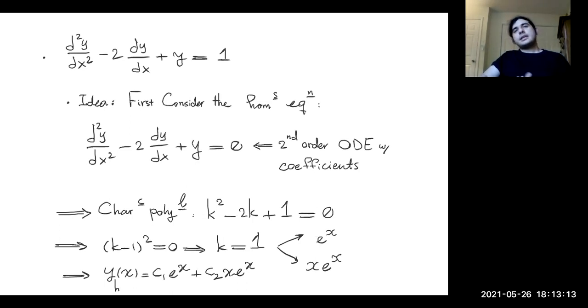Now, this is the solution to the homogeneous part. It is not a solution to the non-homogeneous equation. So the idea is that the general solution to this equation, the real solution we are looking for, has two parts.